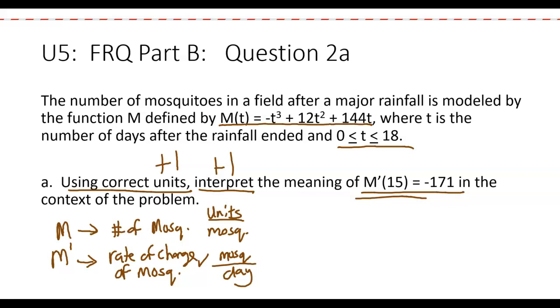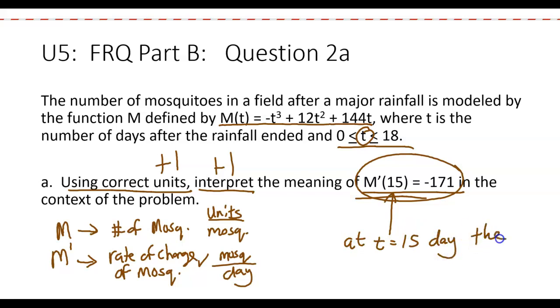All right, so now let's interpret this expression over here. This number in here is the time value. So at t equals 15 days, the mosquito population, is it increasing or decreasing?